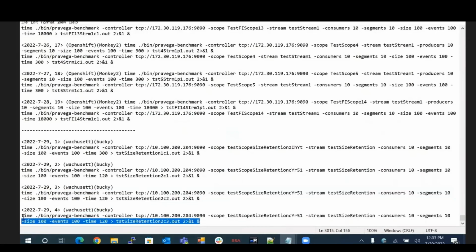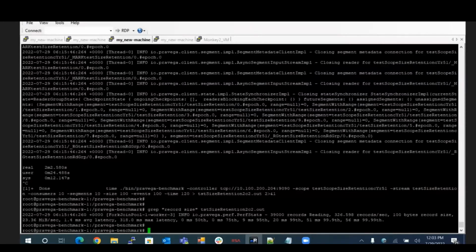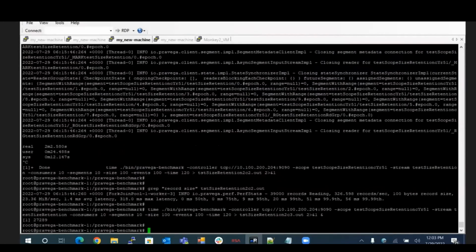In parallel, I'll also make a read request to the same stream in order to identify what is the new count of records that are present over this stream after truncation occurring.